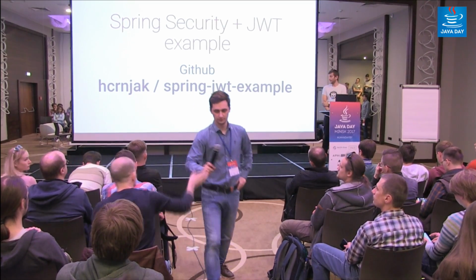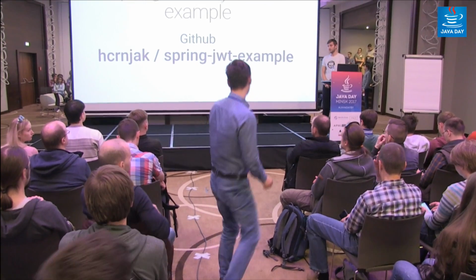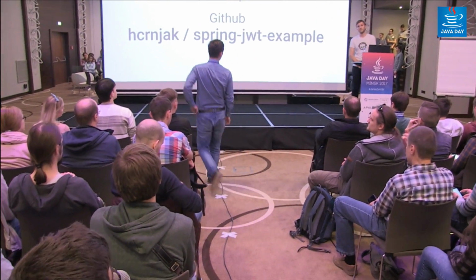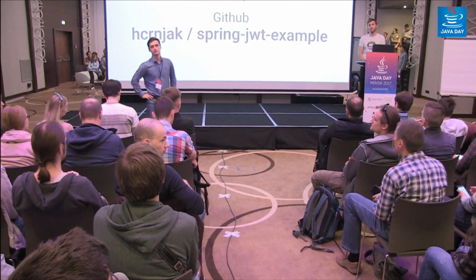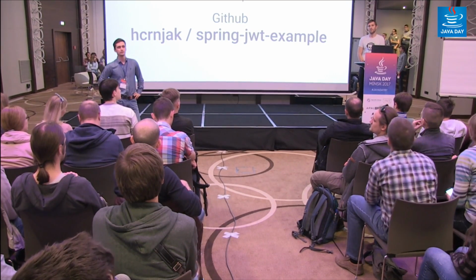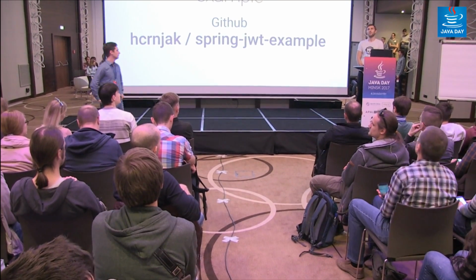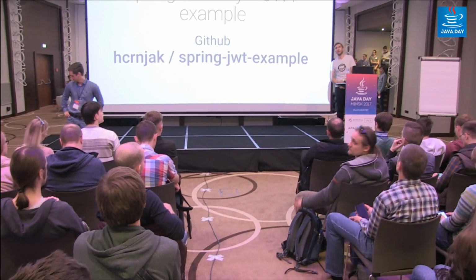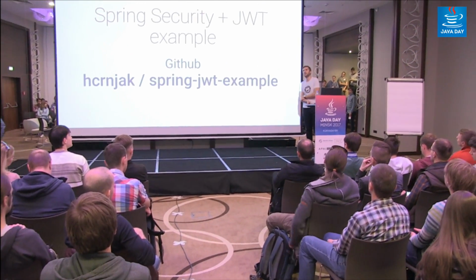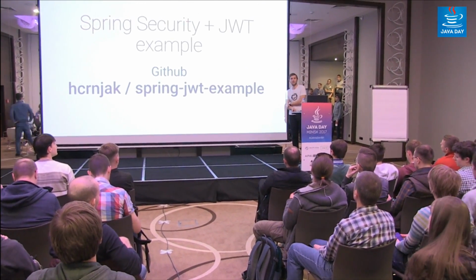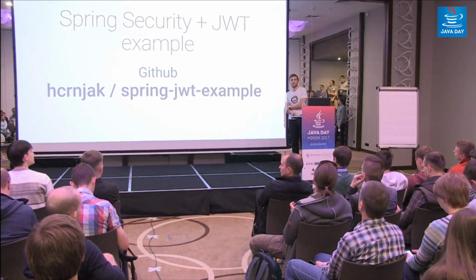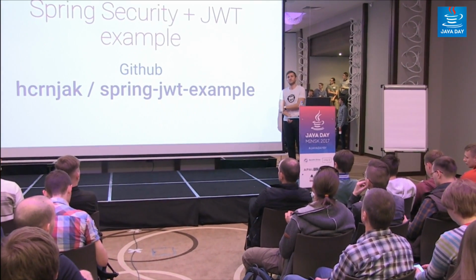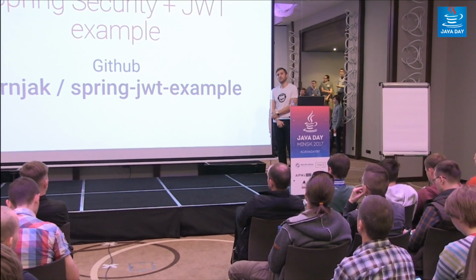Have you ever seen how JWT is used outside of authentication or authorization? Could you provide, for example, a sample? Have I ever seen, what do you mean, for carrying data?